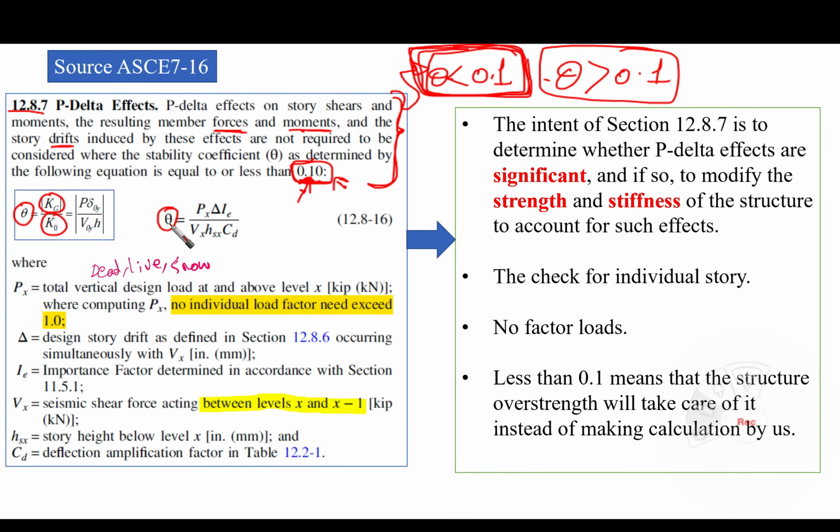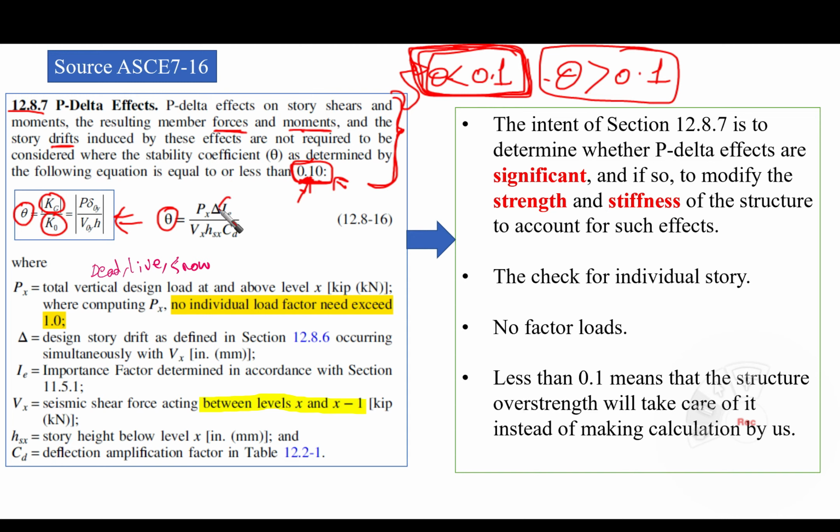Let's go to the theta that is given by the code and explain how it is similar to what we have explained before. Theta equals P x, the gravity loading, and I'm going to explain the definitions in detail in a while. P x times delta, the design story drift, I E over C d.